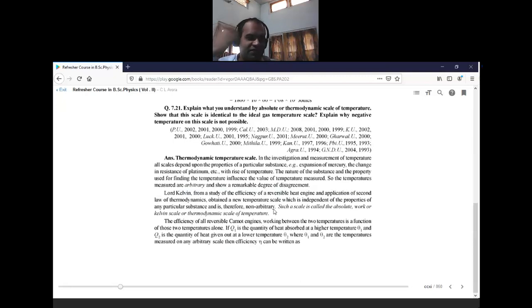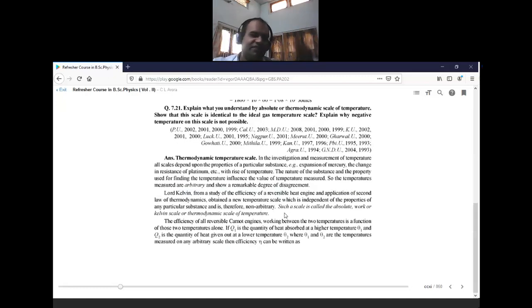The efficiency of a heat engine is not dependent on the nature of the material. The working substance may be anything, but irrespective of it, the efficiency will depend only on the temperature of the source and that of the sink. And therefore they are non-arbitrary.